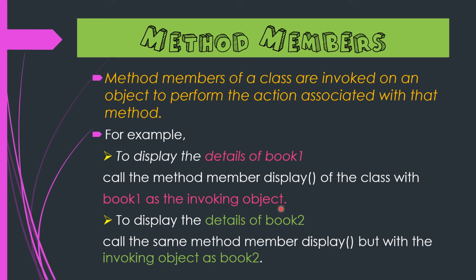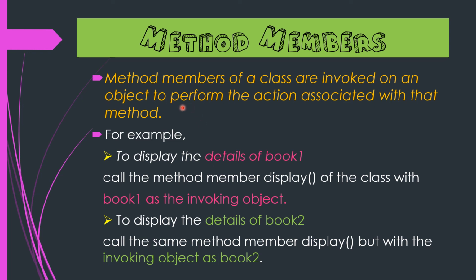So basically the action that is to be performed is the same, but the object is different. That is why we will be choosing different invoking object in both the example. In first example book 1, and in second example book 2. Suppose if you want to display the details of book 5, then you will call the same method member, which is display, but what will be the invoking object? The invoking object will be book 5.